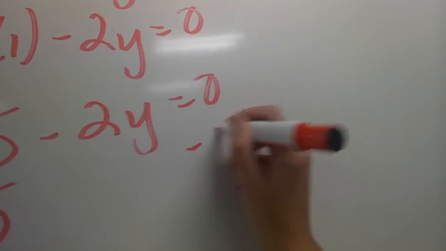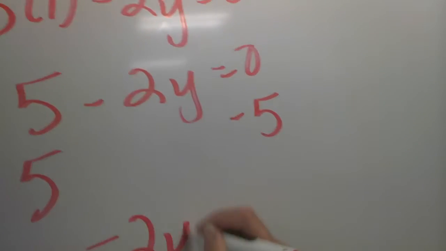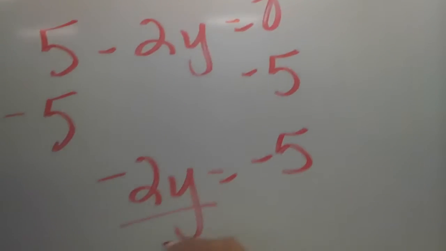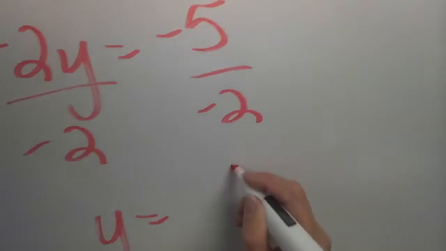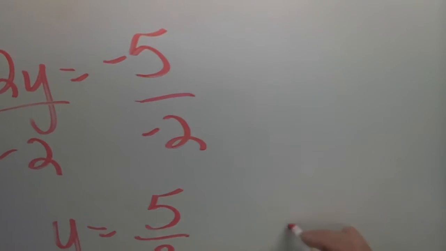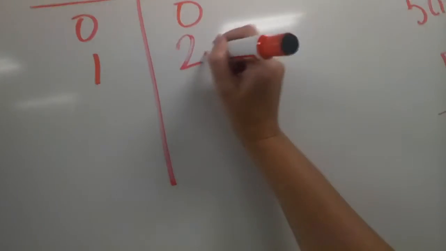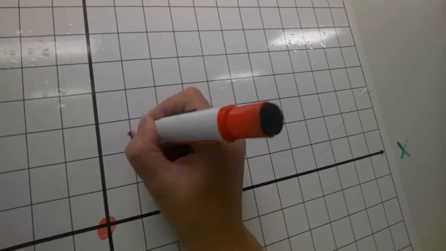Subtract 5. Negative 2y equals negative 5. Divide by negative 2. Y equals positive 5 over 2, which is 2.5. Okay, so (1, 2.5). I can graph 2.5. That's pretty easy. That puts it right there. 2 points do determine a line, but it's better to have 3.